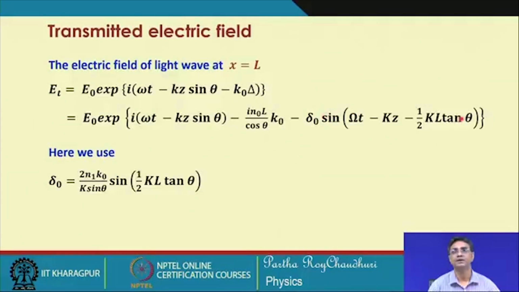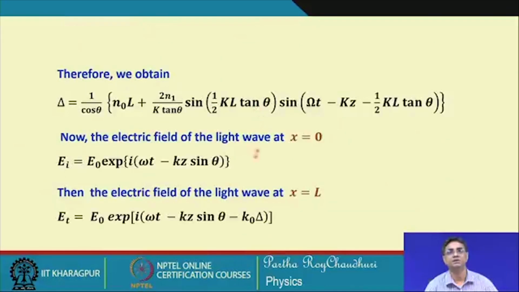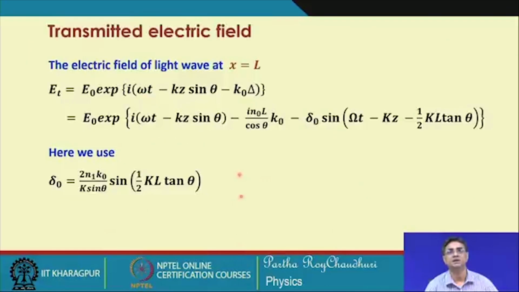So we get this equation, and in place of this we have written delta 0. Therefore, this delta 0 equal to this quantity, because I just simply put the value of delta into k0 and then sin theta. So put together I get this value of delta 0 equal to this quantity.